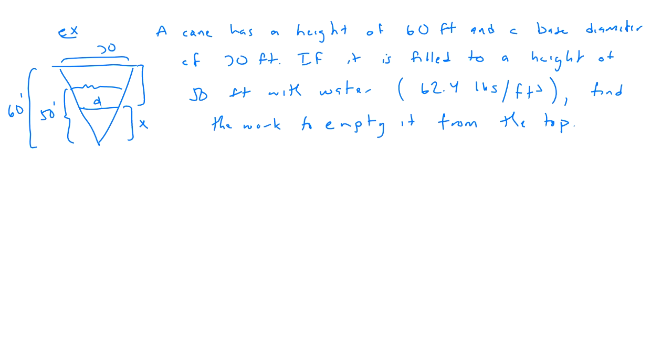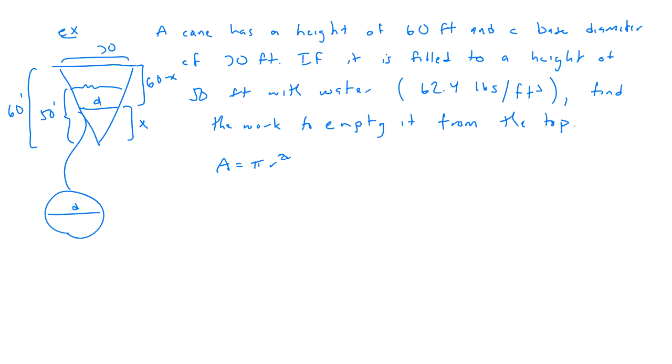Oh, this is a cone, so I should do this. So 60 minus x. This is a circle, so of course the area is pi r squared.